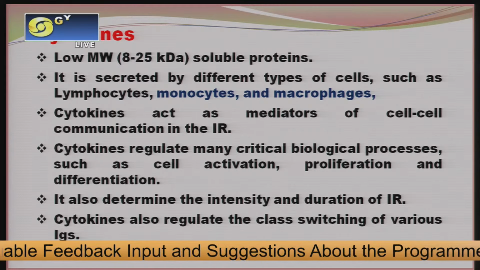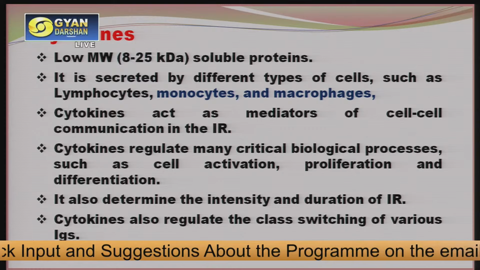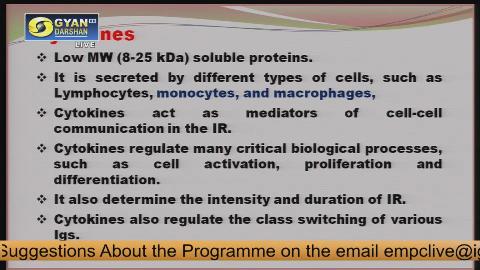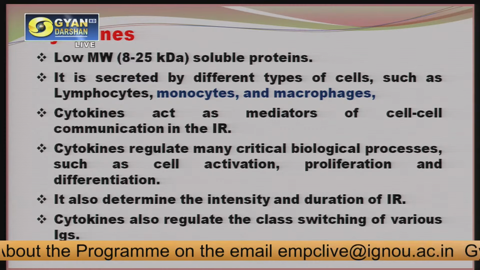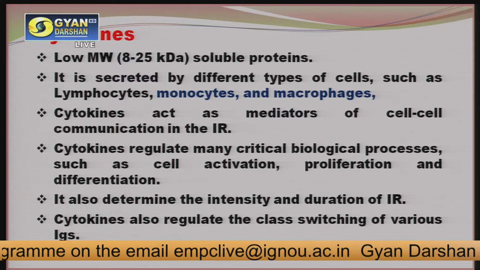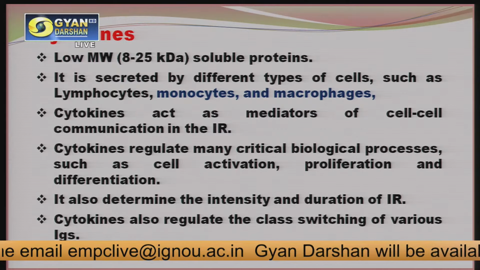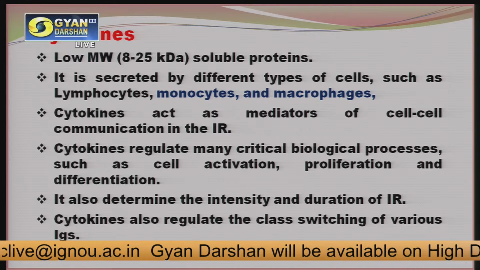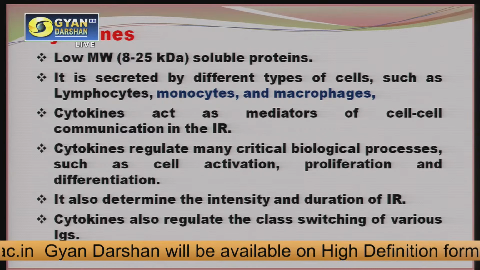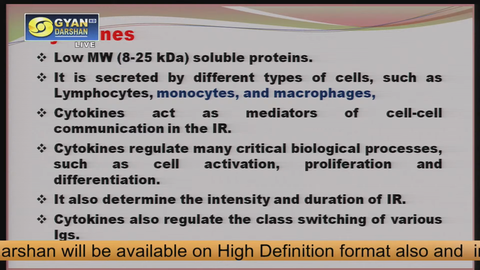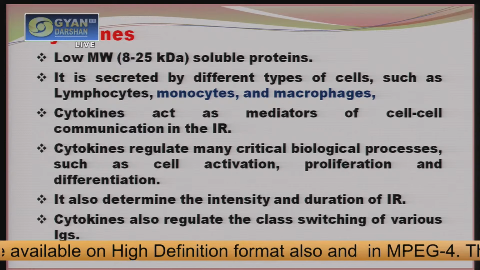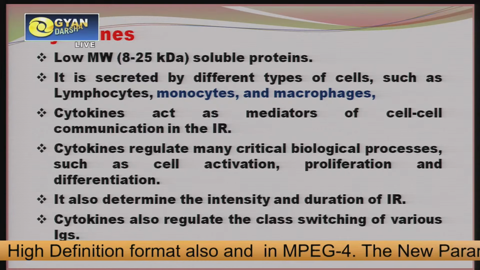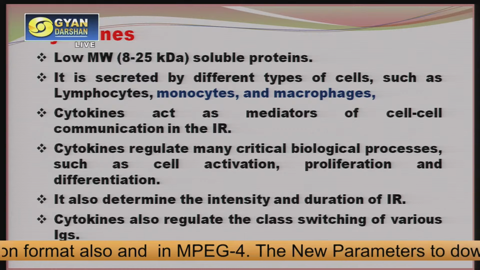Cytokines act as mediators of cell to cell communication of the immune response. In case of immune response, various cytokines like interleukin 1, interleukin 6, interleukin 12, a number of these cytokines are there. They can communicate with each other, and ultimately the immune response will take place.